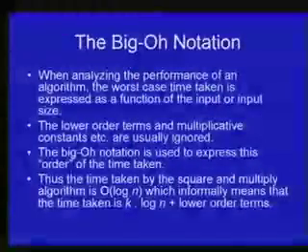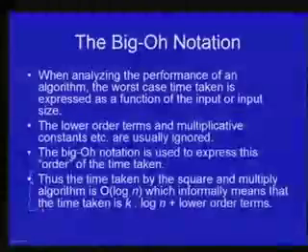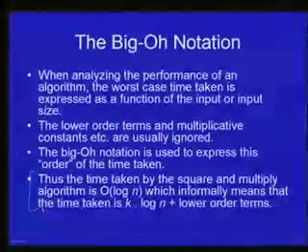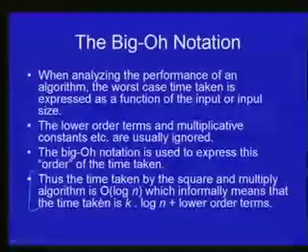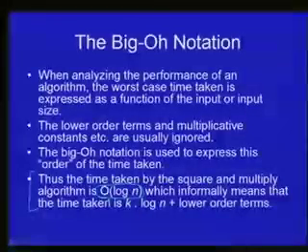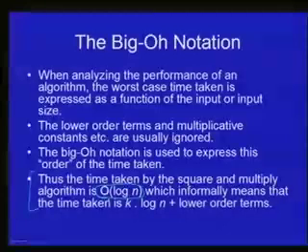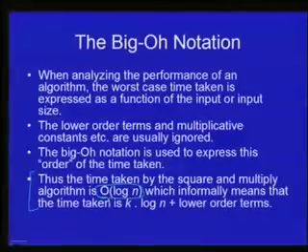In this particular example, the time taken by the square and multiply algorithm in the big O notation is order log n, which is written as big O, and within brackets the function log n. And this informally means that the time taken is some constant times log n plus terms which are lower order than log n.